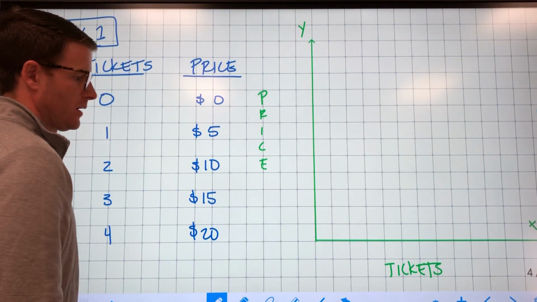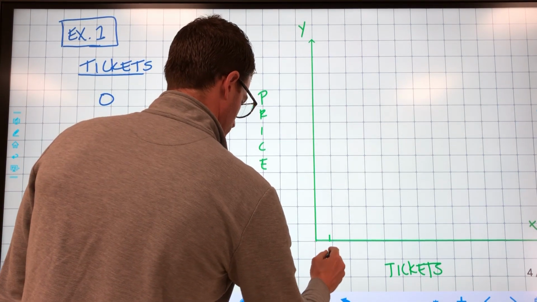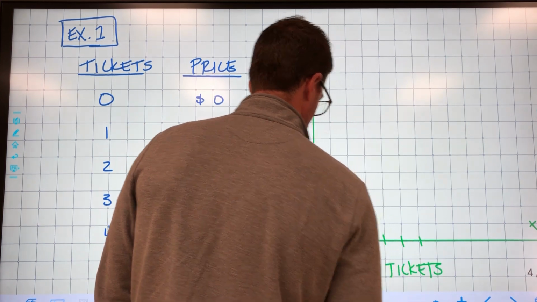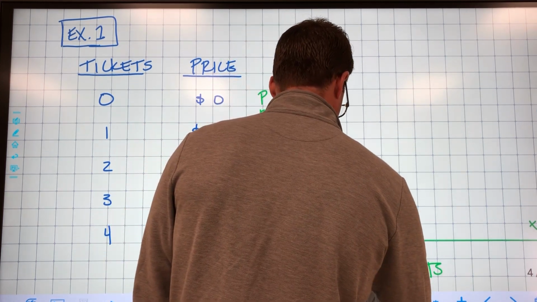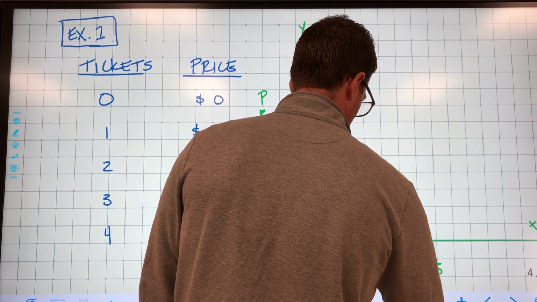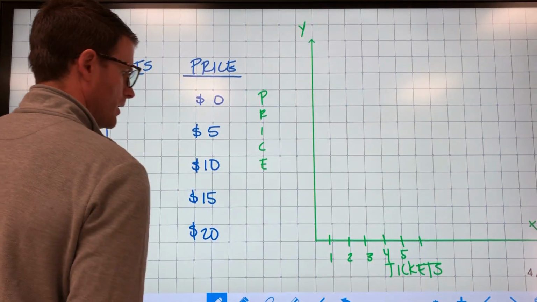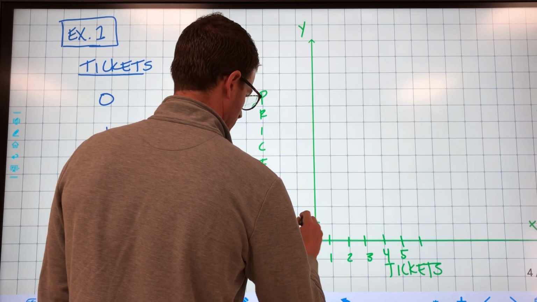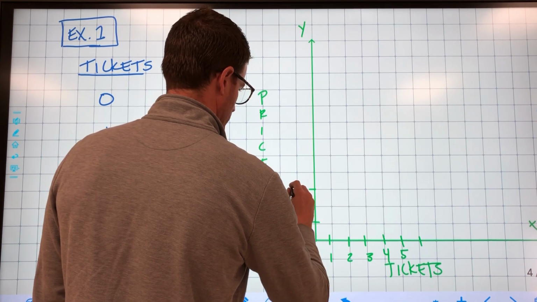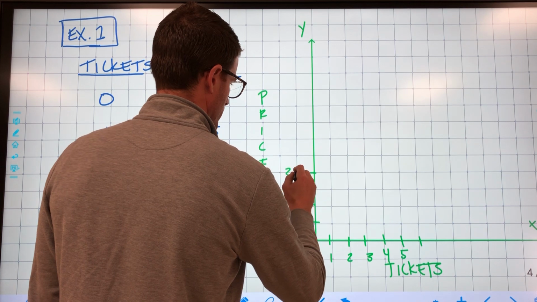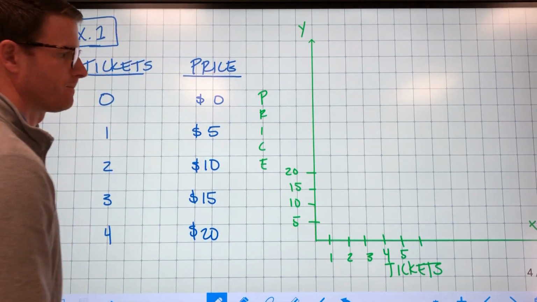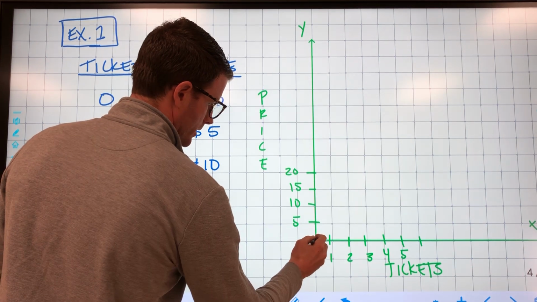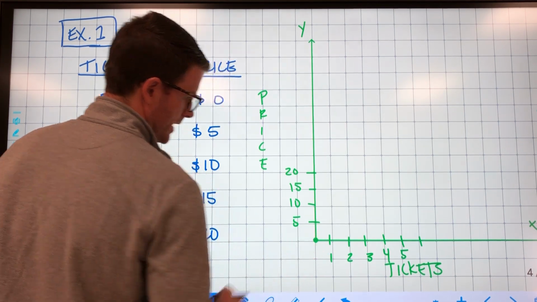All right, so say 1, 2, 3, 4, 5, and we'll go by 5s over here: 5, 10, 15, 20. If I buy 0 tickets, it costs me $0, so there's that point.